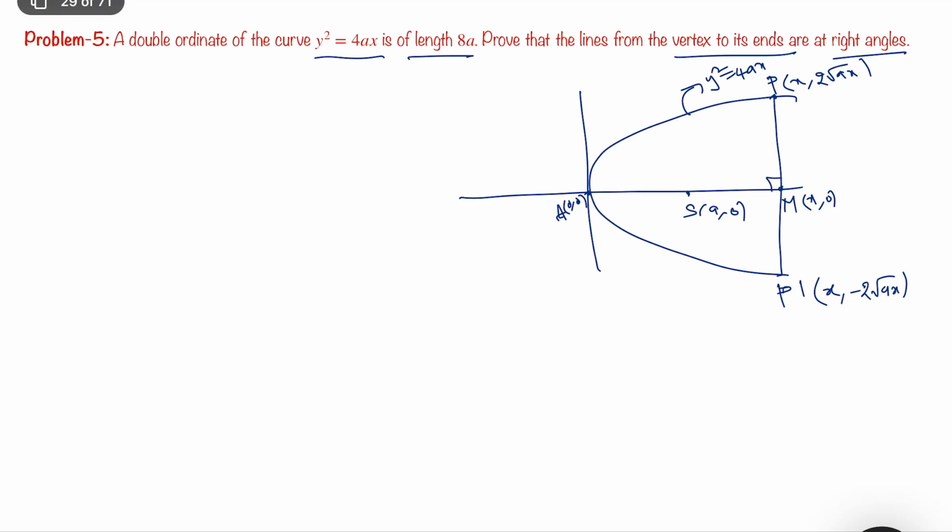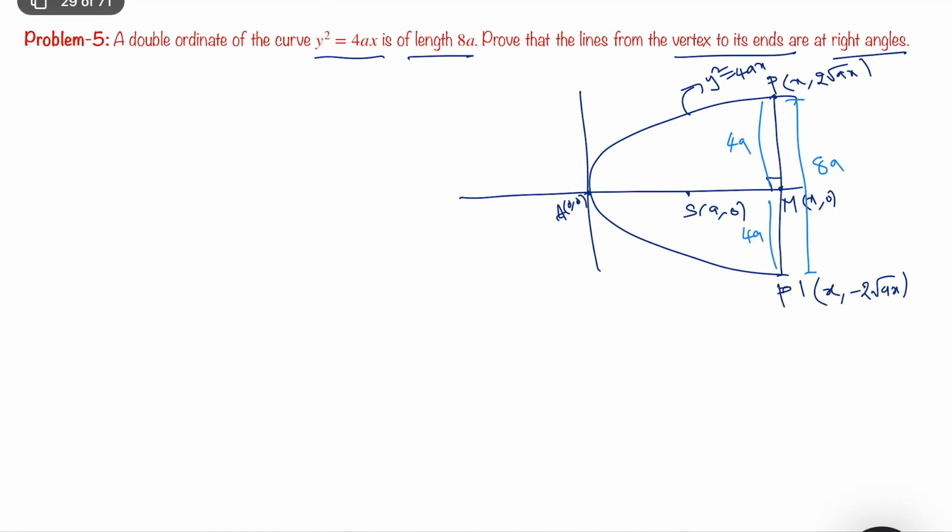Now let us say this is the double ordinate whose length is 8a. If the total double ordinate PP' is 8a, then this PM is going to be 4a. Of course, P'M is also going to be 4a.